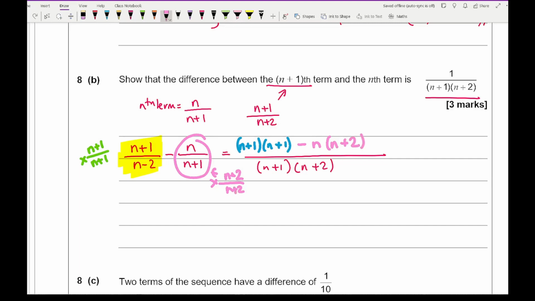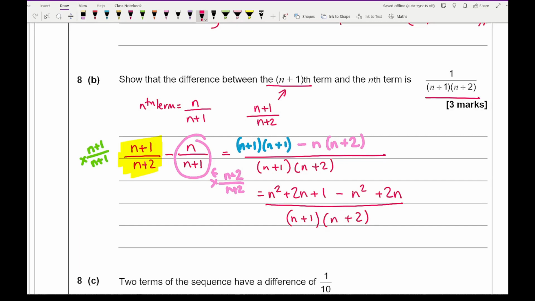So from this, what we need to do is just simply expand the numerator out. So that's going to be n squared plus 2n plus 1 minus n squared plus 2n, all over n plus 1, n plus 2.